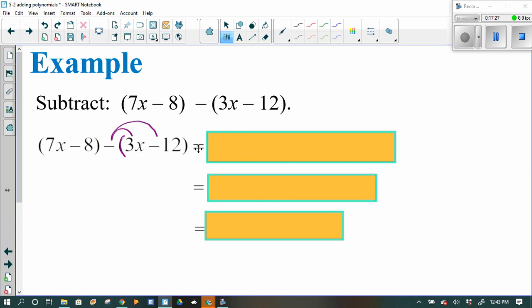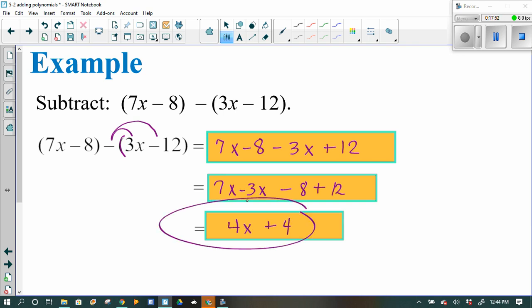Sorry. So we're going to remove the parentheses on the first one, 7x minus 8. And then we're going to distribute this negative sign. So that becomes minus 3x plus 12. Now in this step, we're going to have 7x minus 3x because those terms are alike. Then minus 8 plus 12 because those are just numbers. 7x minus 3x is 4x. And negative 8 plus 12 is 4. And there's our final answer.